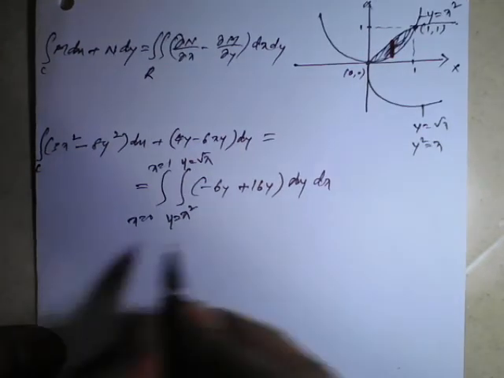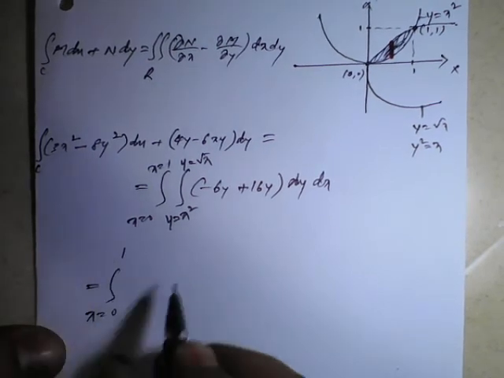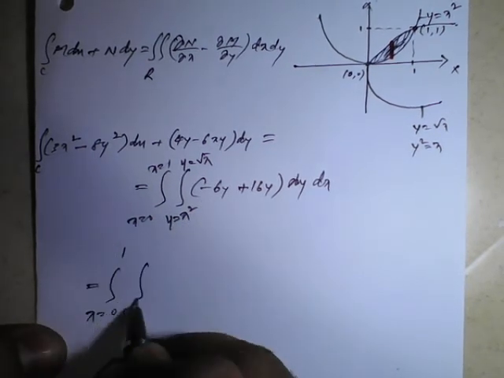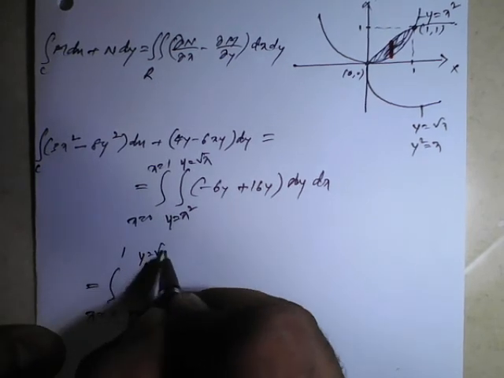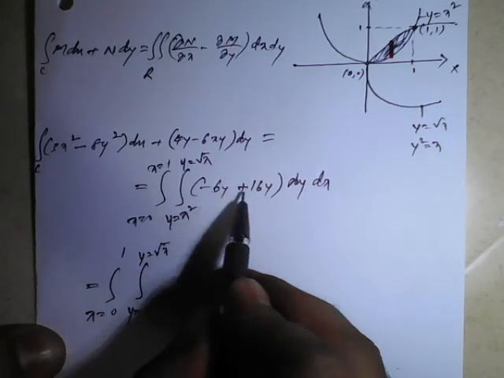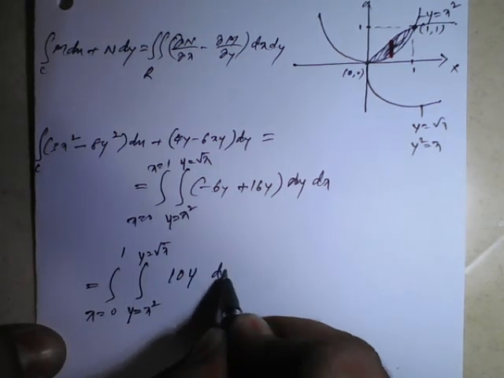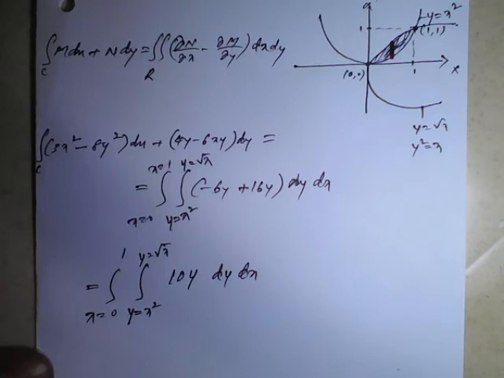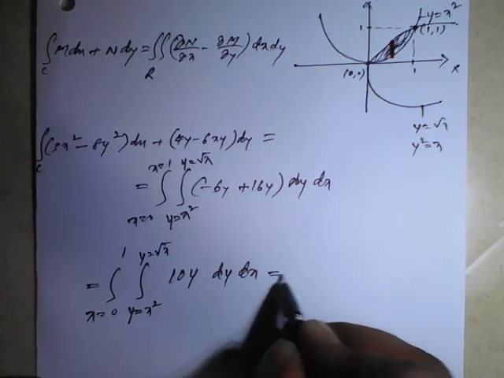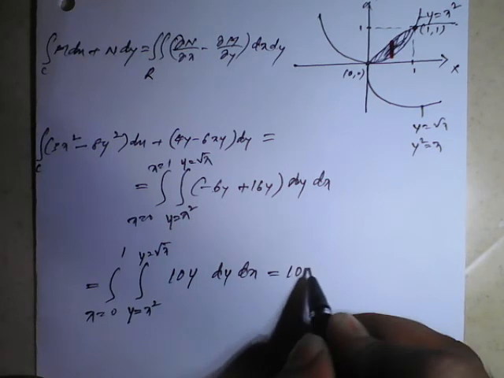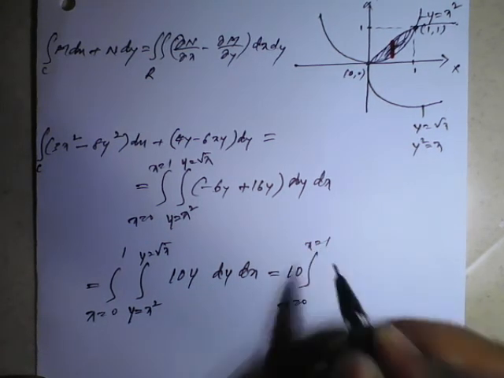So now we'll simplify the right hand side. x varies from 0 to 1. Before integration we'll simplify, y varies from x square to root x. So minus 6y plus 16y will become 10y into dy into dx. We'll keep 10 outside. Integration x from 0 to 1.